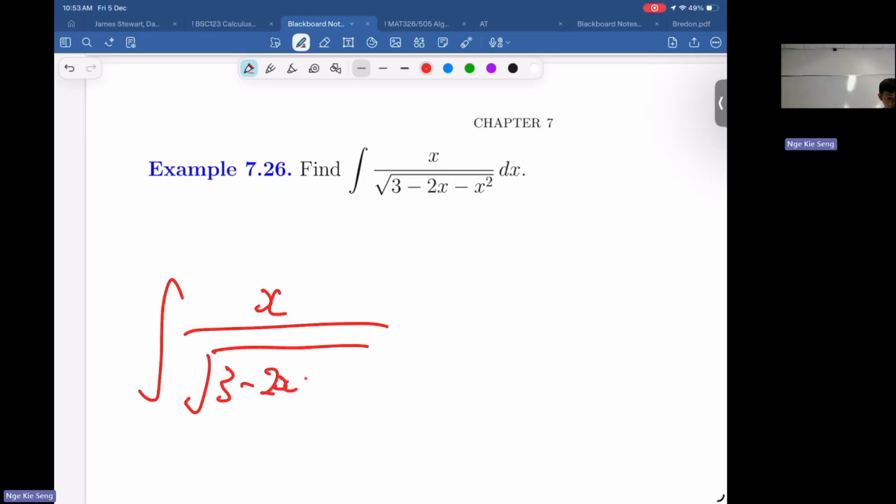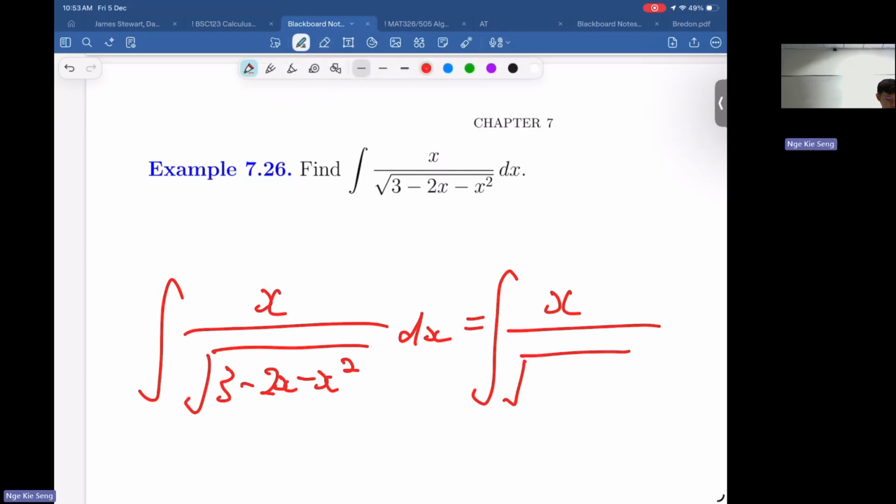x plus 1. Again, x plus 1. So perhaps what we do here is we could add 1 inside there, or minus 1 actually.